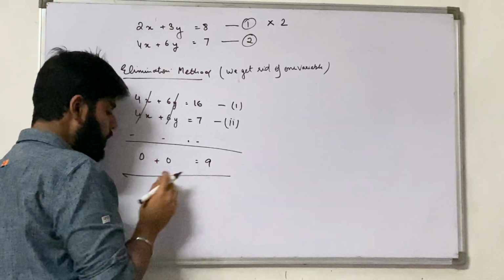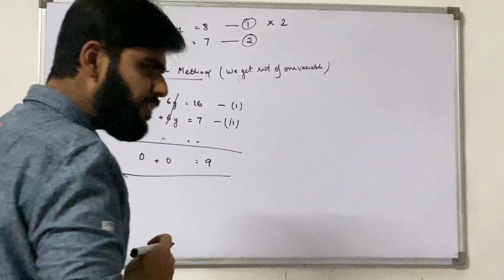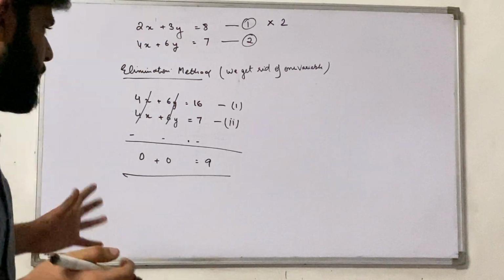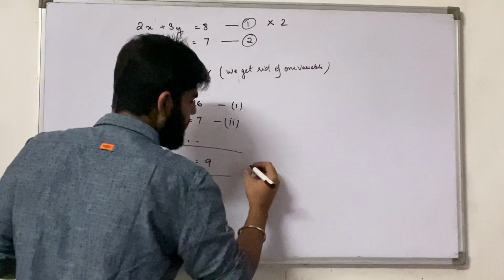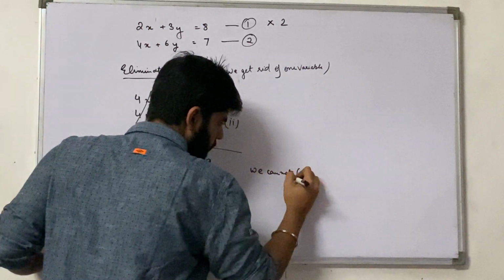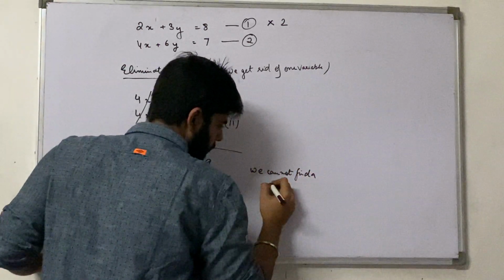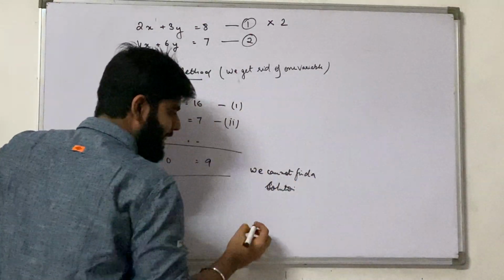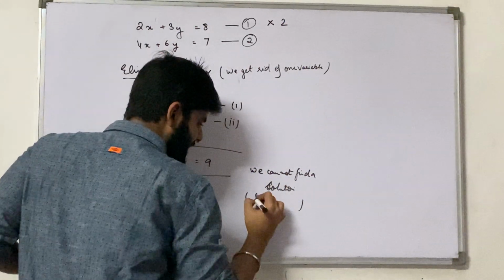Now in this equation, both x and y have got eliminated. This was not our motive. This means we cannot find a solution. Can we call this inconsistent?